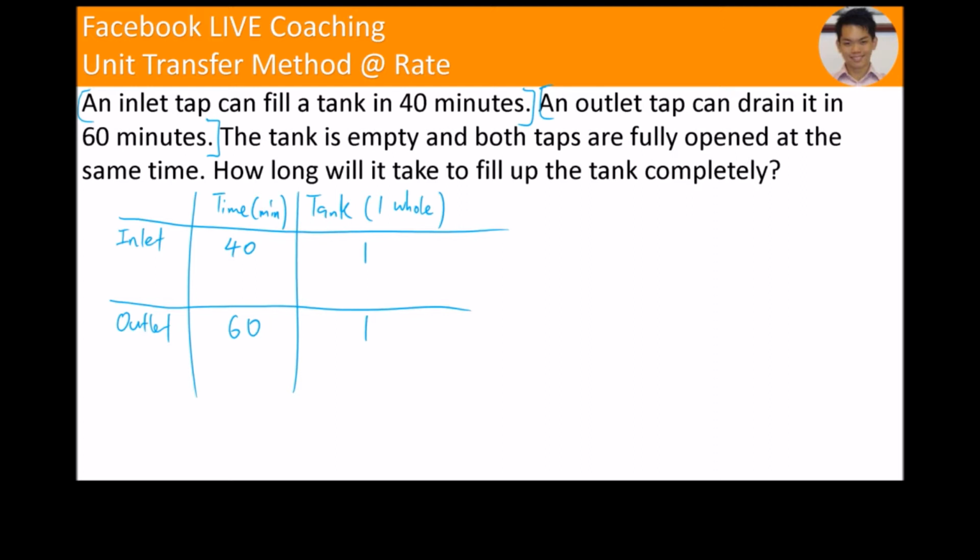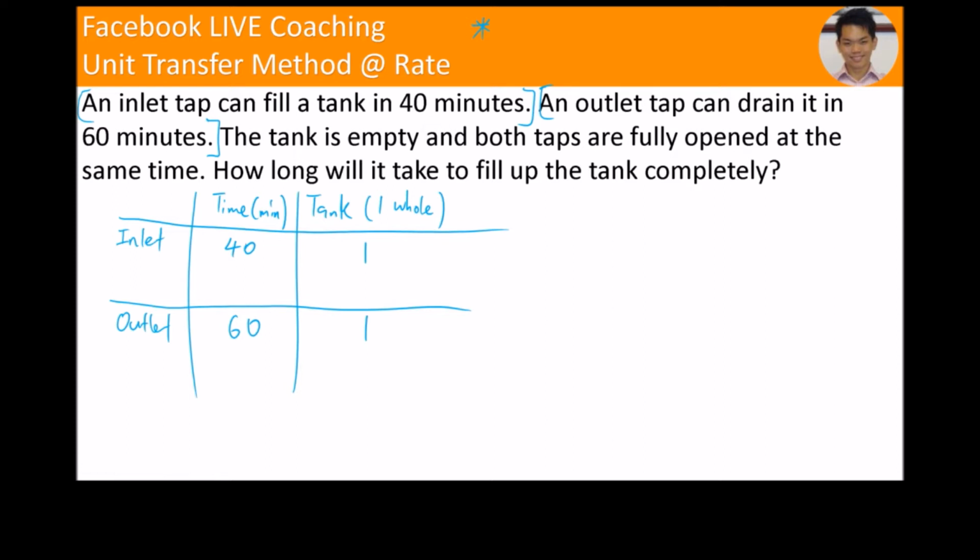Okay, so the main thing in rate, there's one main concept in rate. No matter how you do it, it all revolves around one central principle. In order to make a fair comparison, the time needs to be changed to the same before any meaningful comparison can be done. So what do I mean by that?